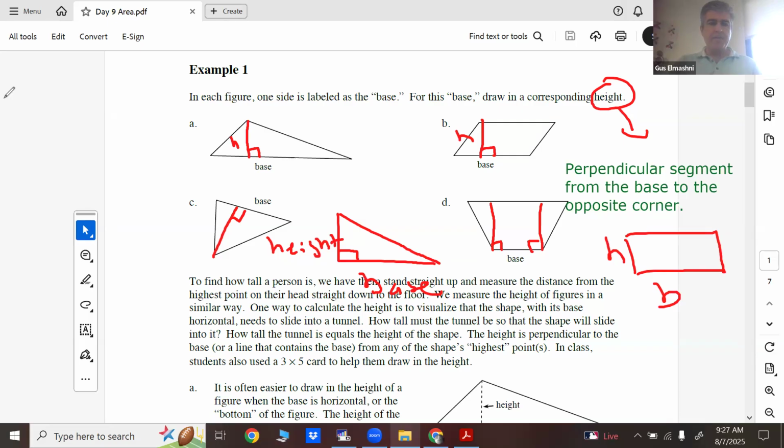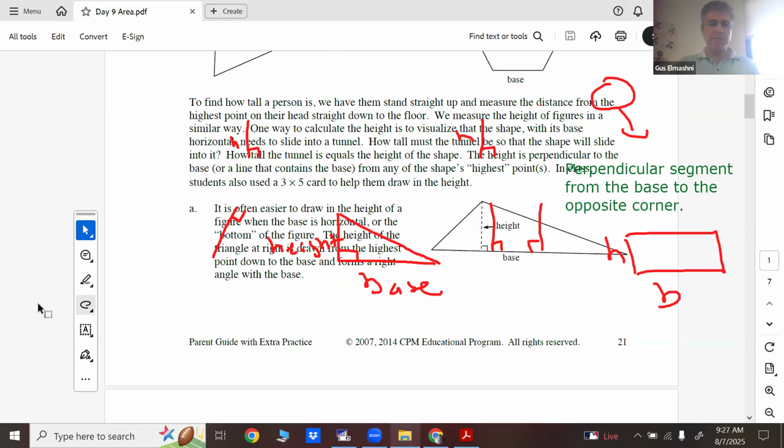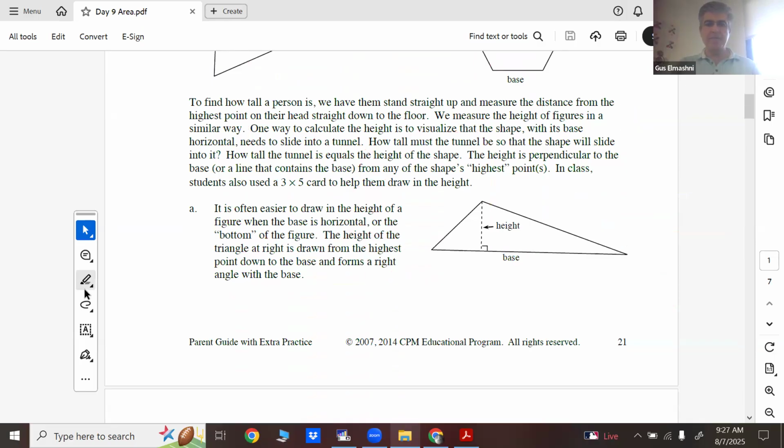Okay. Bella, can you read the part that says define how tall a person is? Yeah, sure. To define how tall a person is, they stand straight up and we measure the distance from the highest point on their head straight down to the floor. We measure the height of figures in a similar way. One way to calculate the height is to visualize that the shape with its base horizontal needs to slide into a tunnel.